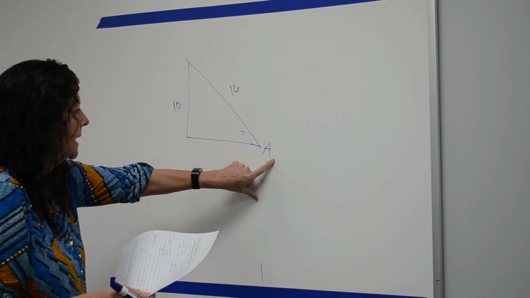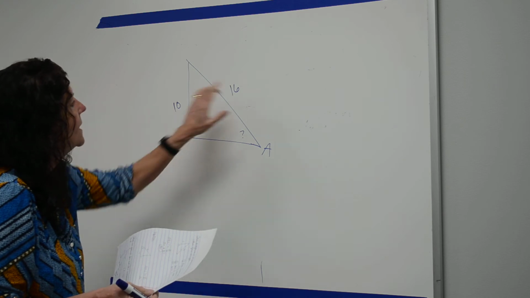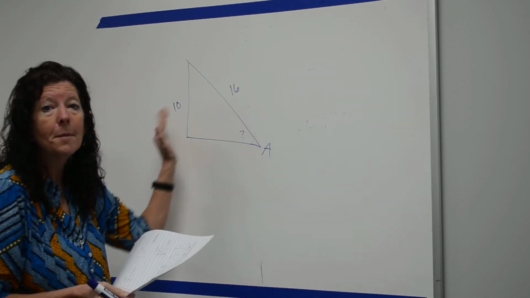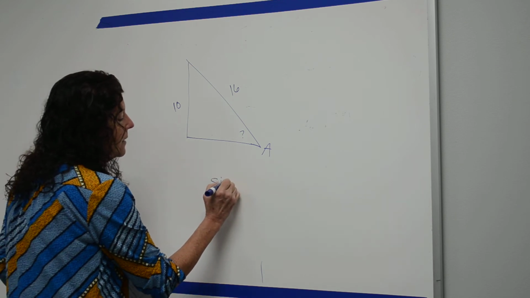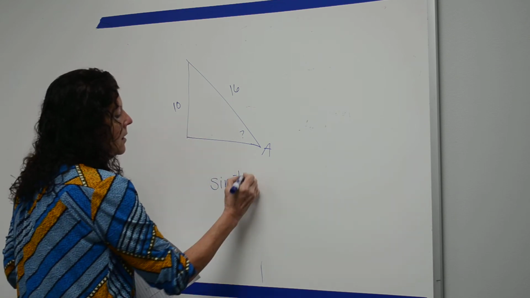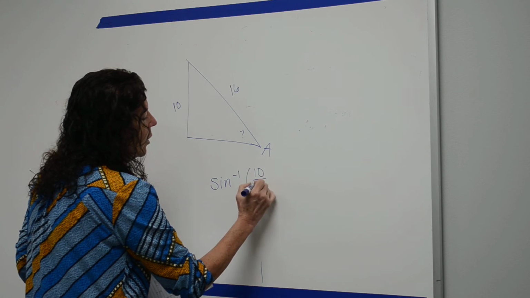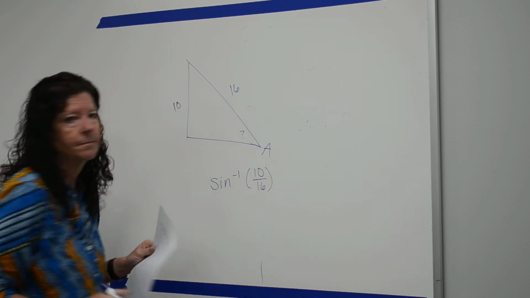If I'm standing here, I know opposite and I know hypotenuse. Opposite and hypotenuse is the sine. So I have the inverse sine of 10 over 16.